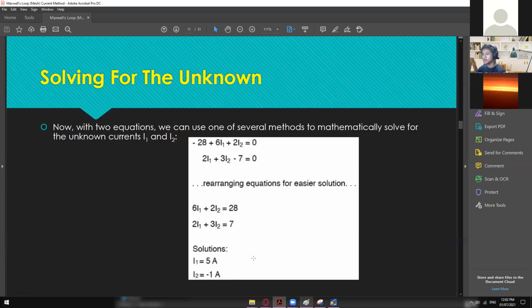Okay, so I would like you guys to verify this one. Please use your calculator or you can use simultaneous equation, and then please check if we have the same value.